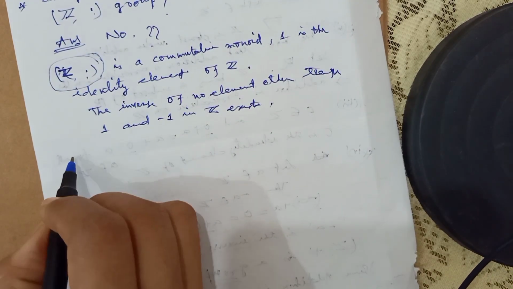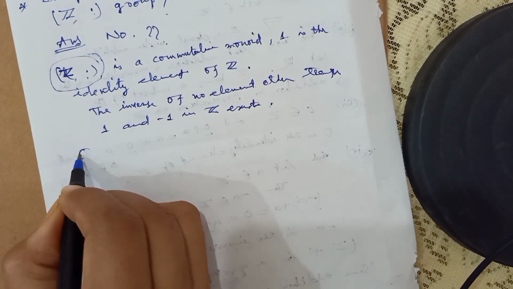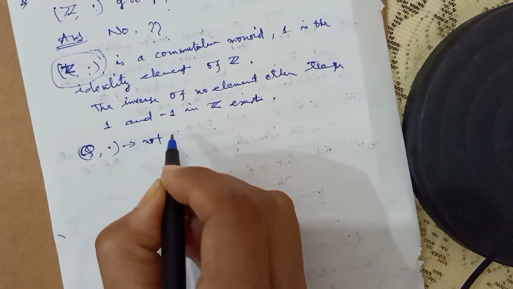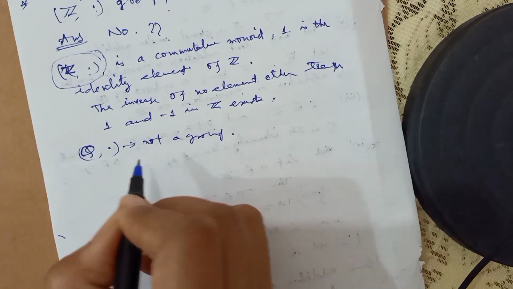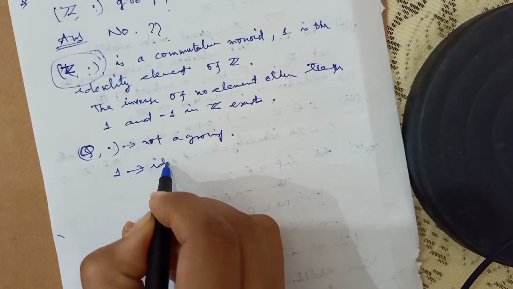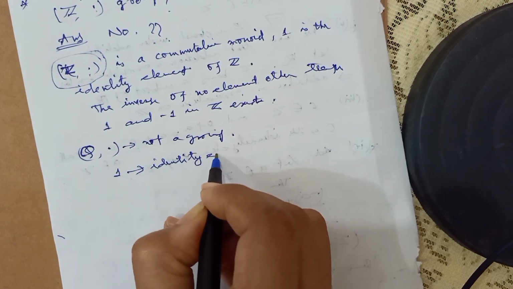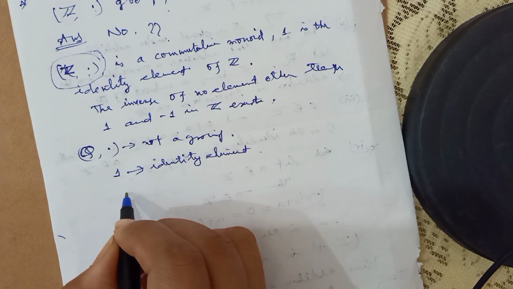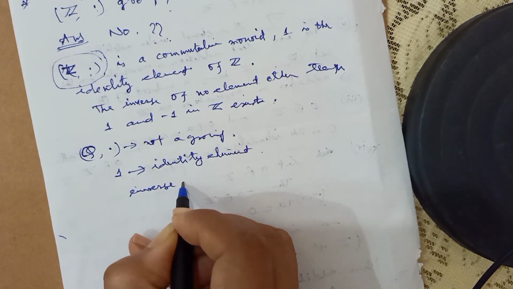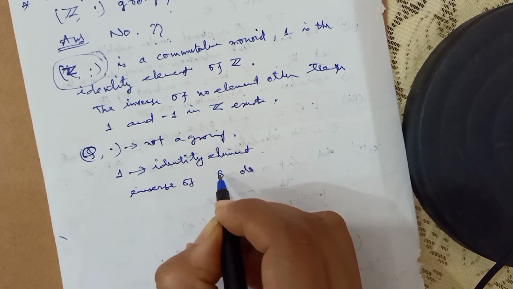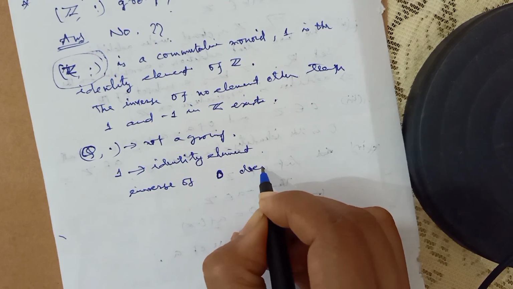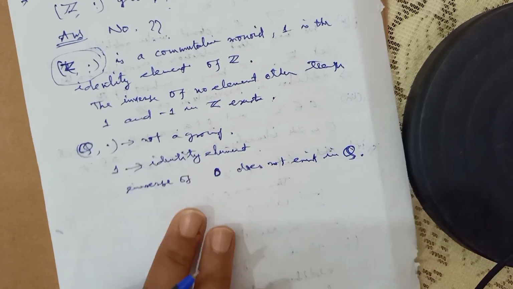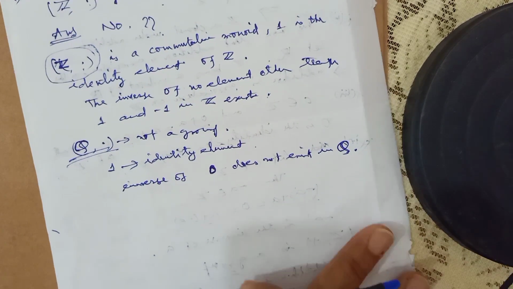And similarly, we can easily prove that the set of rational numbers with respect to dot is also not a group, because here 1 is the identity element, but the inverse of 0 does not exist in Q. Okay, so it is not a group.